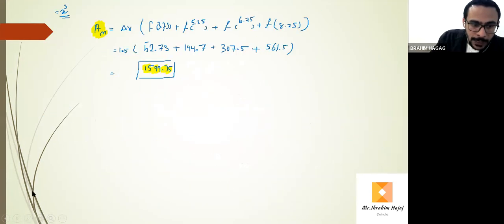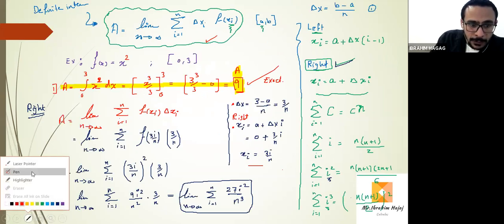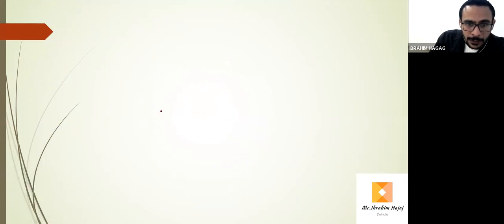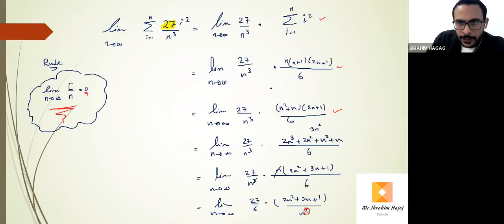Just write it and do it by this formula: A equals the limit as n approaches infinity of the summation of delta x_i times f of x_i. This is the question. We work on the function f of x equals 5x minus 2 in the closed interval 1 to 3, by using this formula, the limit as n approaches infinity of the summation i equals 1 to n of delta x_i times f of x_i, the same way as we did here.